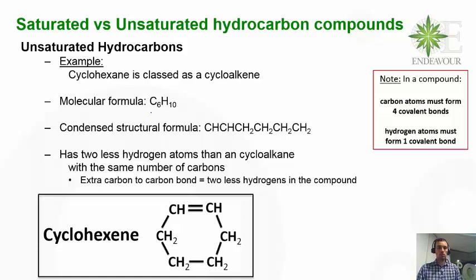Again, it has 2 fewer hydrogens than the saturated version. If it was saturated, it would be C6H12, but because it's unsaturated, it's actually C6H10. So you can see at the top here, where we've got the double bond, it means we have CHs present rather than CH2s. Again, that means there are 2 fewer hydrogens in the compound than there would be without that double bond.